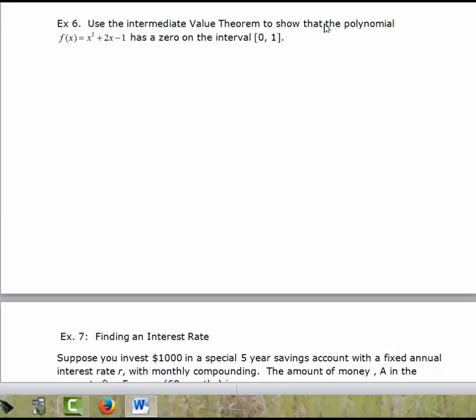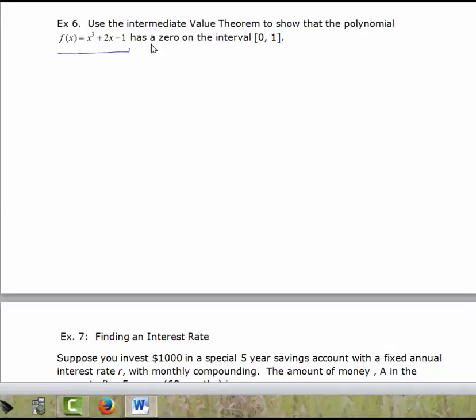I start off by confirming that the intermediate value theorem applies here, and it does because this function is a polynomial, and polynomials are continuous everywhere. So it's going to be continuous on the given interval.